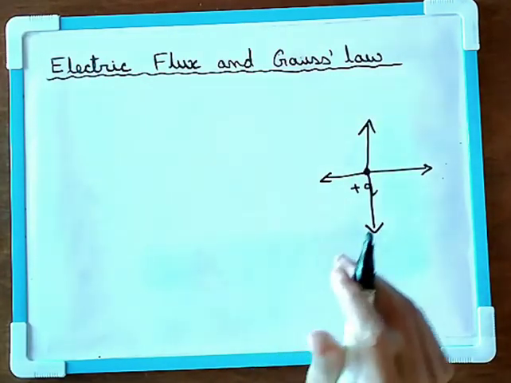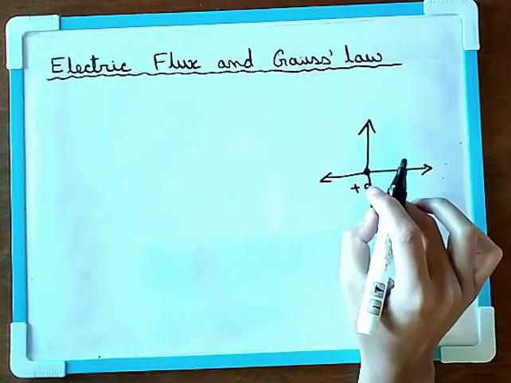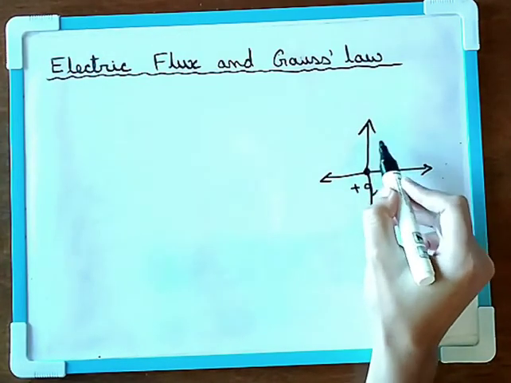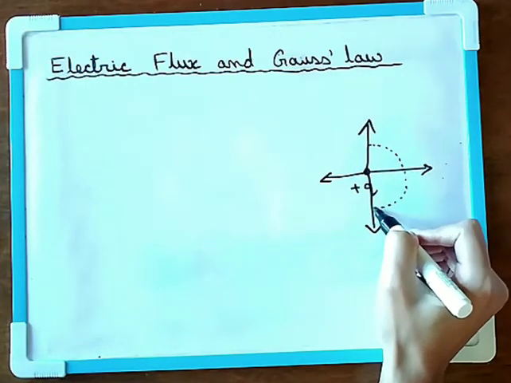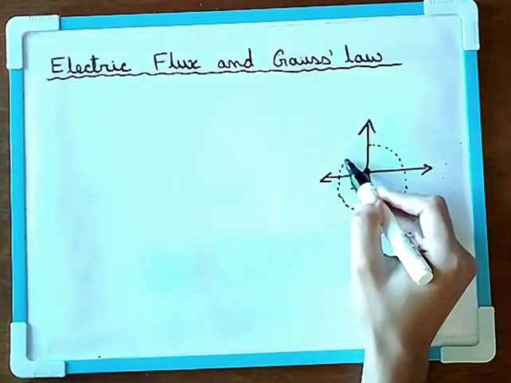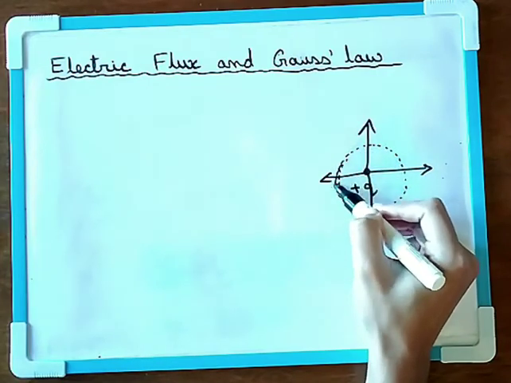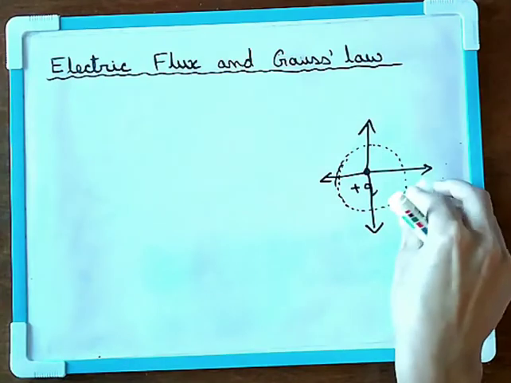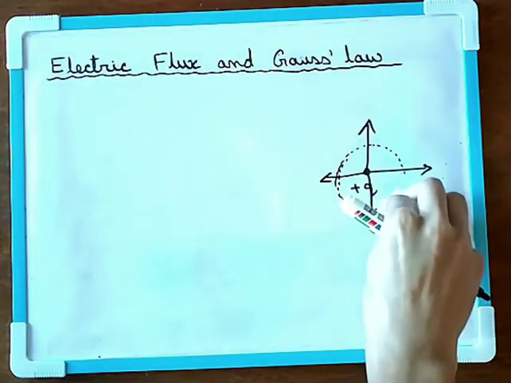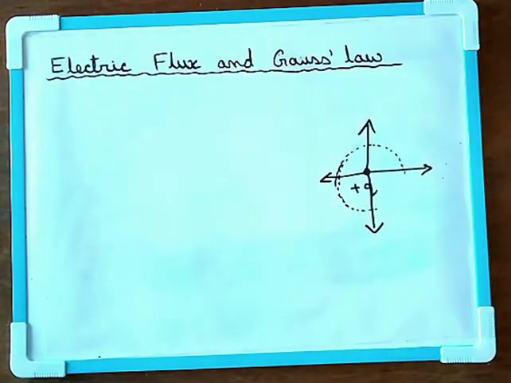Now what you do is you place this point charge inside a sphere. I cannot draw a three-dimensional sphere, so it is represented by this circle here, but this is actually a sphere, or a ball, for example.